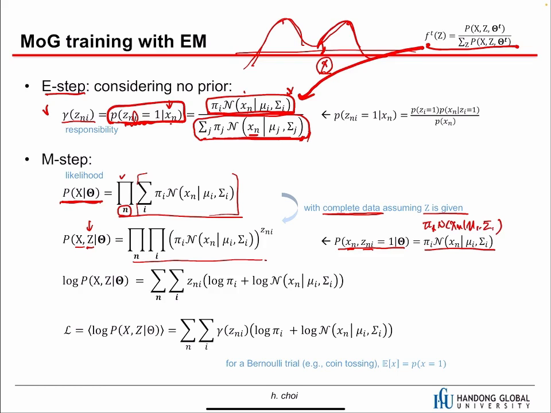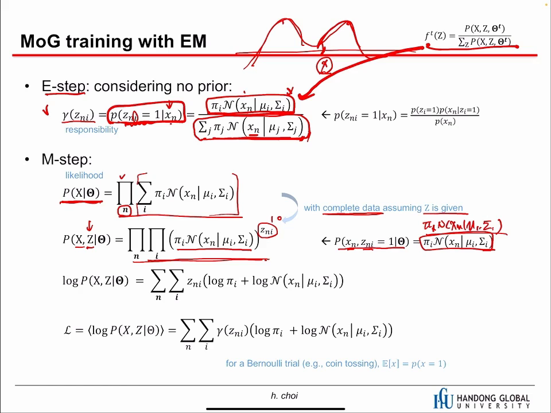So this is the probability if x 100% belongs to the first cluster. So we can use this product with this power. If x_n belongs to the ith cluster, then this one will be 1 and the other clusters will have zeros. Then we will have only one probability distribution from one component.